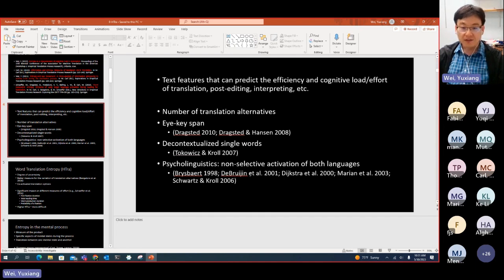And in psycholinguistics, there seems to be a general consensus that bilinguals activate both of their languages when they're working on either one.